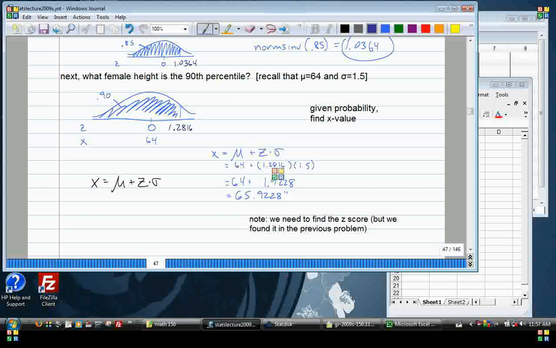It goes somewhere very specific. Yep, it goes right here. Because this is the height that is associated with that z-score, with the z-score of 1.28. 65.92. I ran out of room, so that's what I'll put.